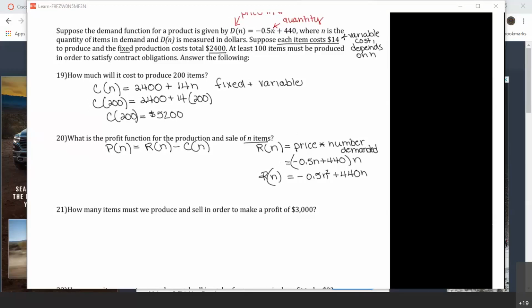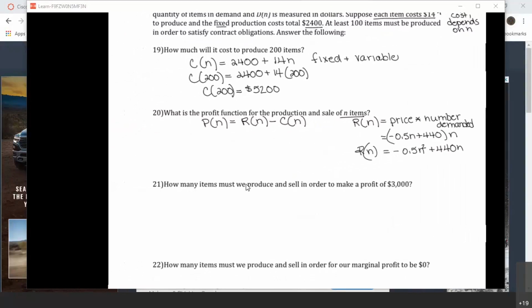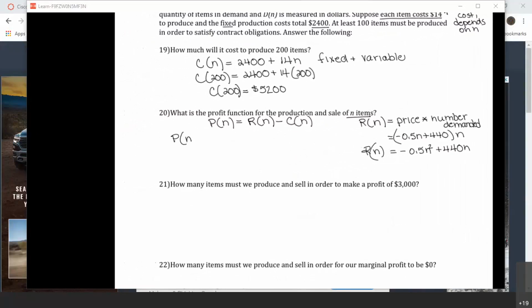Okay, remember my banana example. If bananas are 10 cents a piece and there are 8 people who want to buy it, your revenue is 80 cents, 10 cents times 8. Okay, so it's that simple. All right, now your profit. You're going to put in your revenue first.